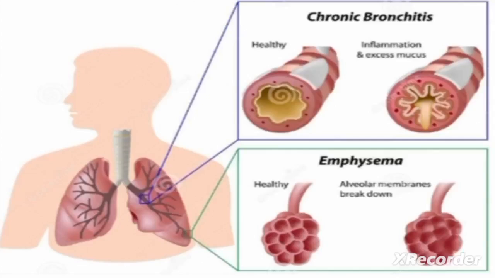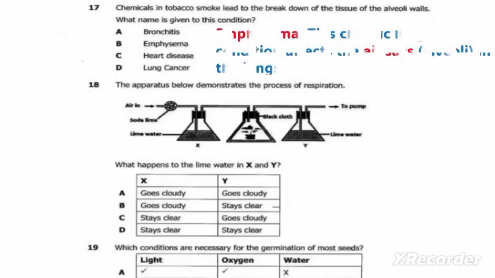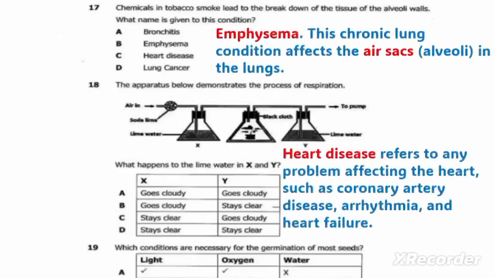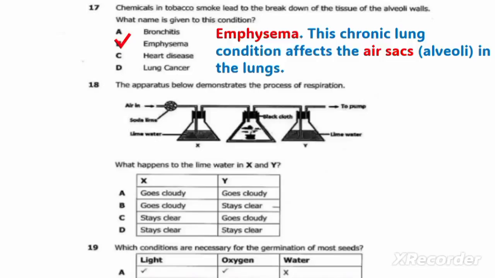So our correct answer, therefore, is B. Heart disease refers to any problem affecting the heart, such as coronary artery disease, arrhythmia, and heart failure. Okay, we shift to the next question, which is question 18.